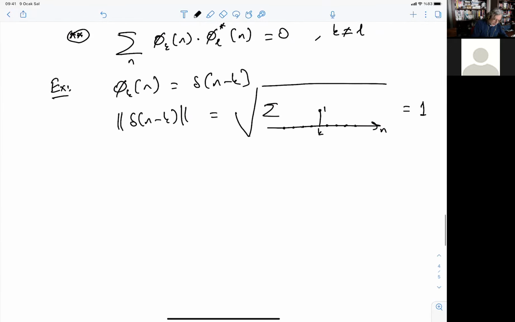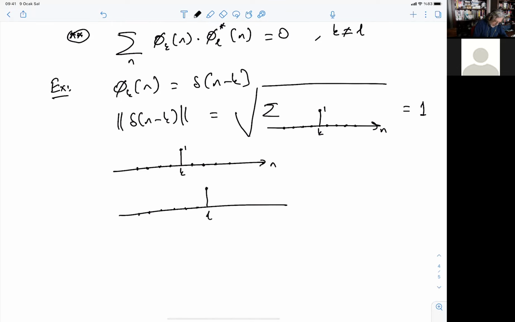And then are they orthogonal? For that, we have to look at delta n minus k, which is phi k of n, that is non-zero at n is equal to k. And we will choose another one. Let's say here. This is L. It's 1 at L, where L is not equal to k. Okay, k and L are different.